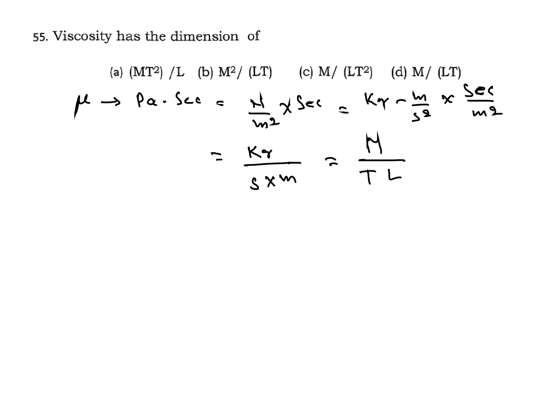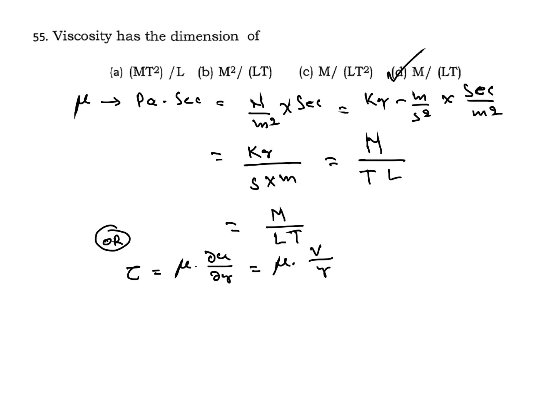Or in the second method, shear stress equals mu du by dy, or mu velocity by distance y. From here mu equals tau y by v. Tau is stress, Newton per meter square, into y is meter, v is meter per second.